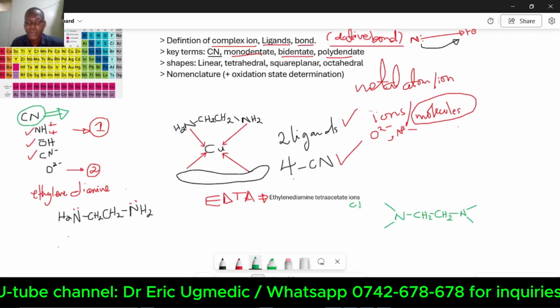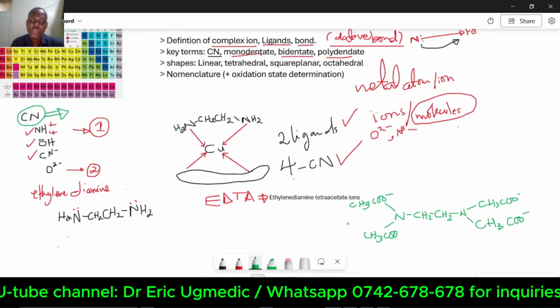So you have your acetate, which is normally written in that form, acetate like that. On that side you have your acetate ions too, just like that.